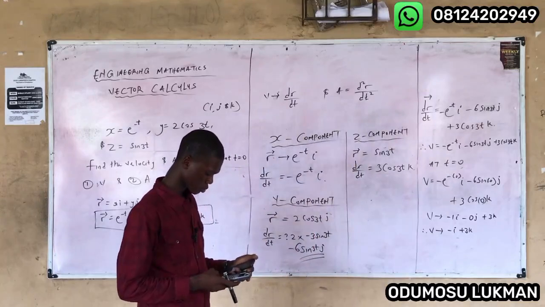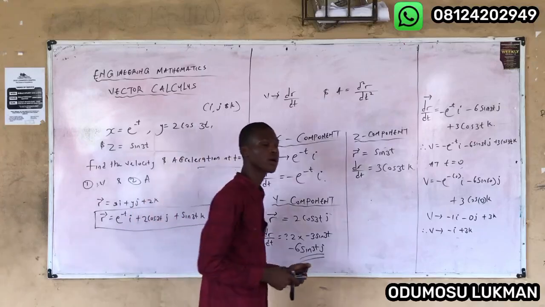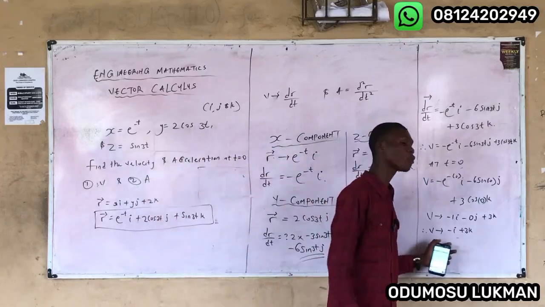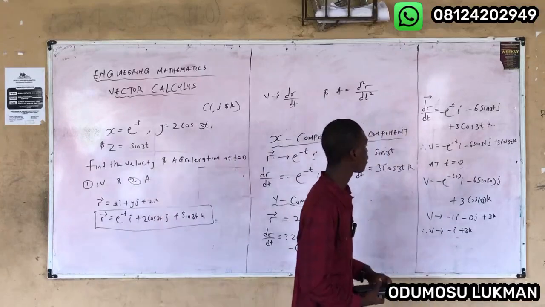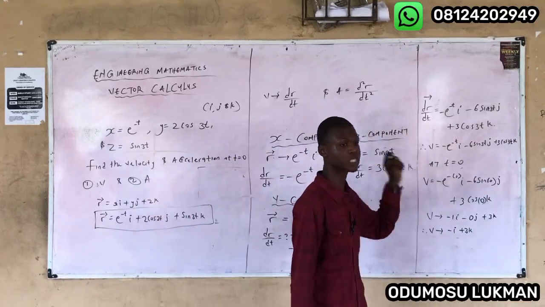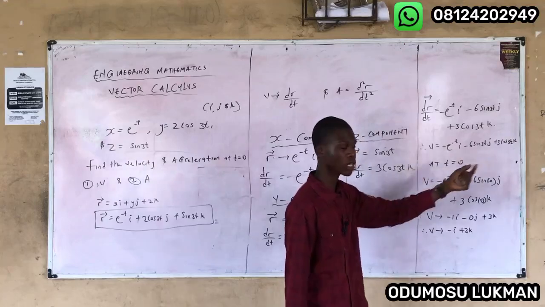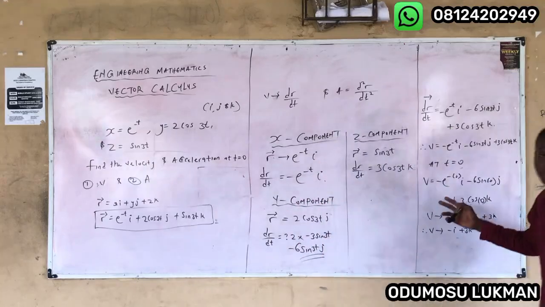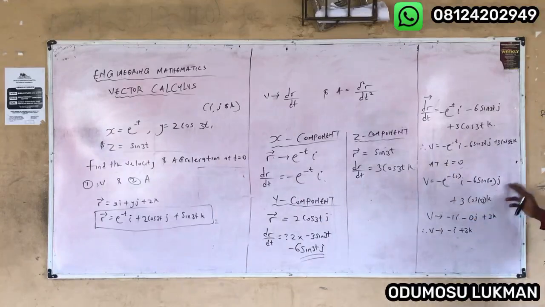Are we together? Any question on how we got this? Now, we said at t equals 0, we substituted the value of t in what we've differentiated. Anywhere we see t, right? That's what we have here.